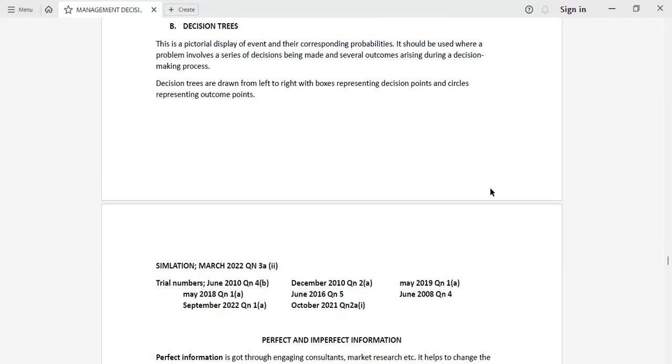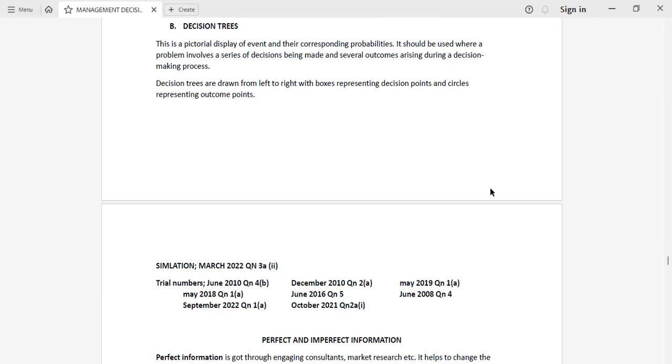It should be used where a problem involves a series of decisions being made and several outcomes arising during a given decision making process.